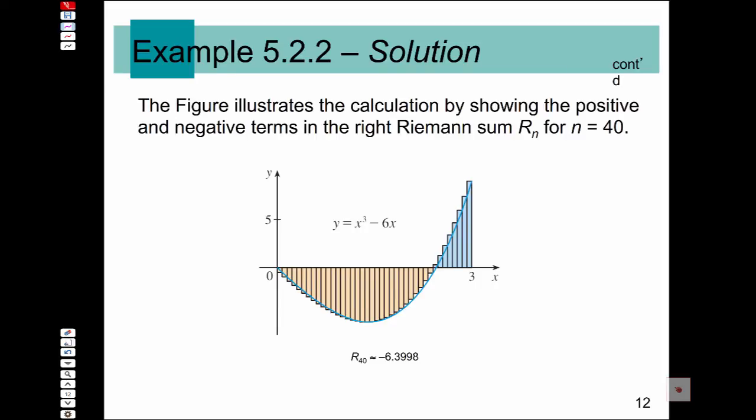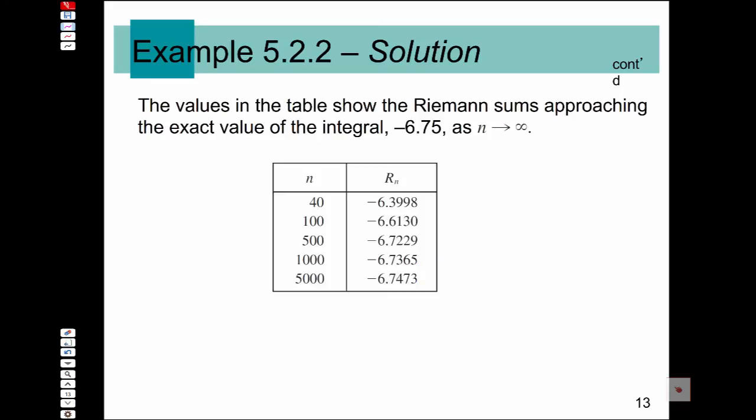Finally, just to illustrate how these ideas of definite integrals and Riemann sums and the limit of Riemann sums are connected to one another, this figure illustrates the calculation by showing the positive and negative terms of the Riemann sum when the number of approximating rectangles is 40. Furthermore, in this table, we can see the values of the Riemann sums as they approach the exact value of the definite integral, minus 6.75, as n gets larger and larger.